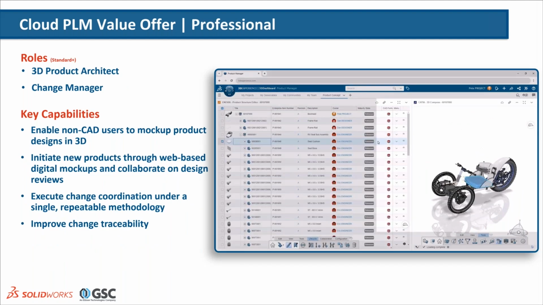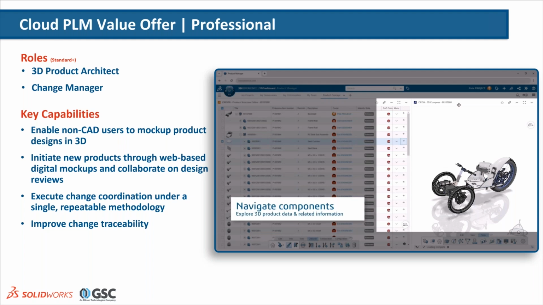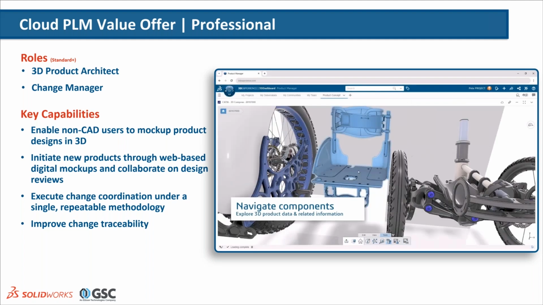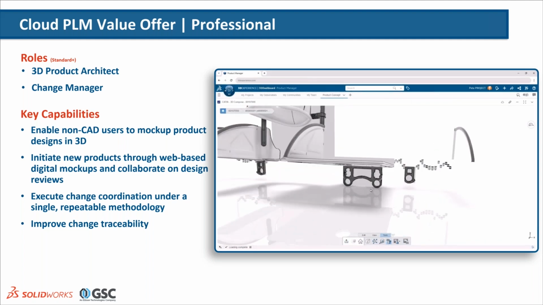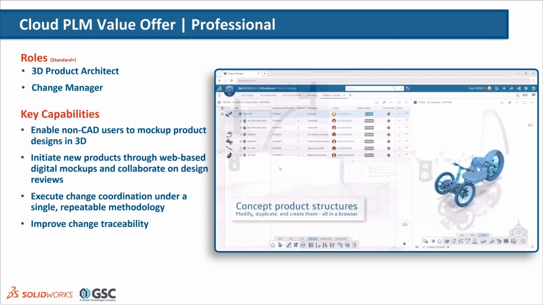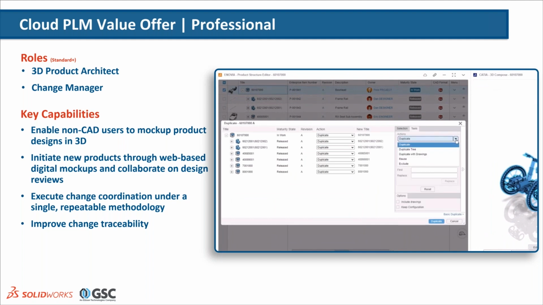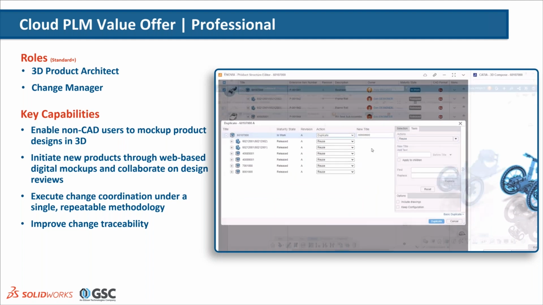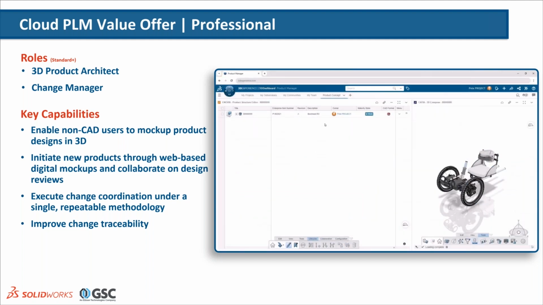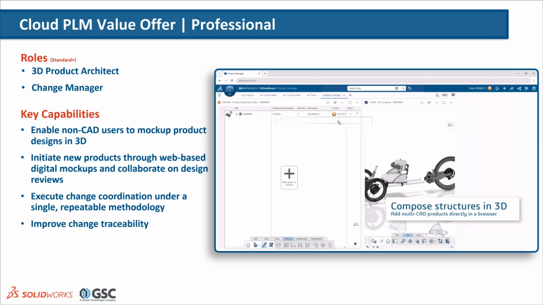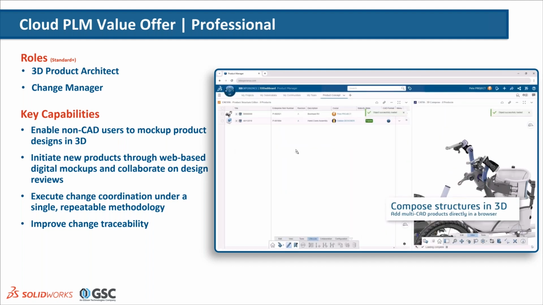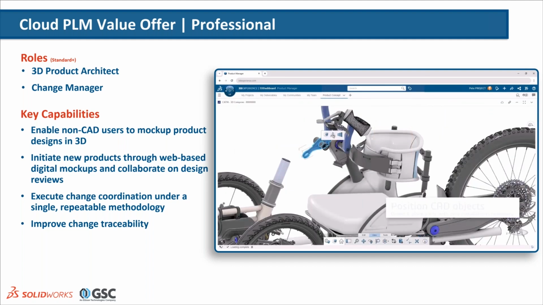Now, the 3D product architect and change manager, available additionally at the professional level, give you key capabilities like being able to allow people to mock up. You take your 3D models and they can make their own, stick them together in 3D space, and cobble together a new product structure, for example, and they can also make their new designs and stick them together, position them.